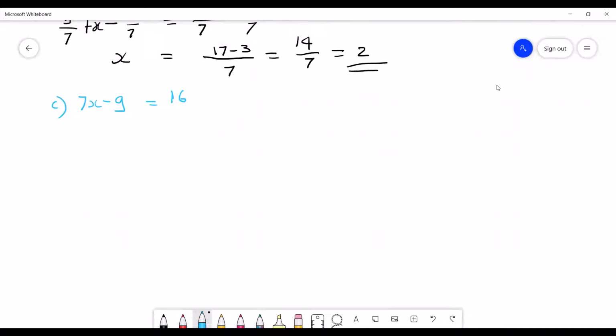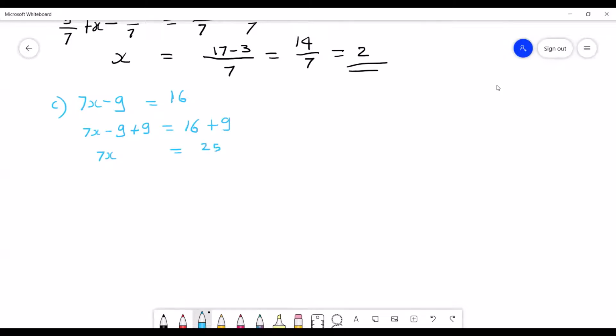To remove minus 9, we have to add plus 9. And since we have added plus 9 here, the same thing we have to do on the right hand side also. So here we will get 7x equal to 16 plus 9, which is 25.